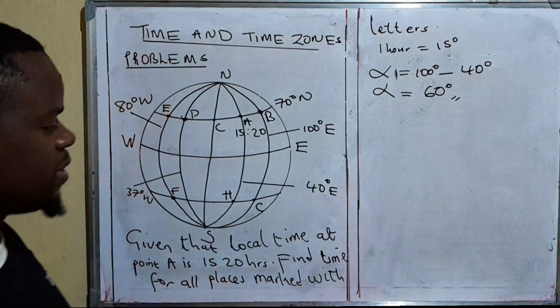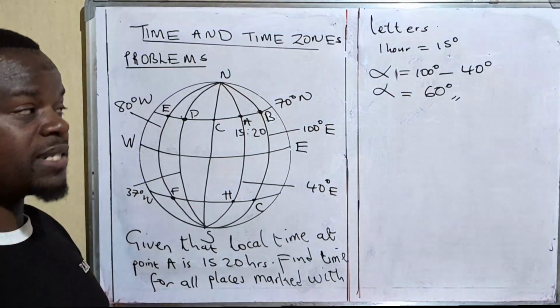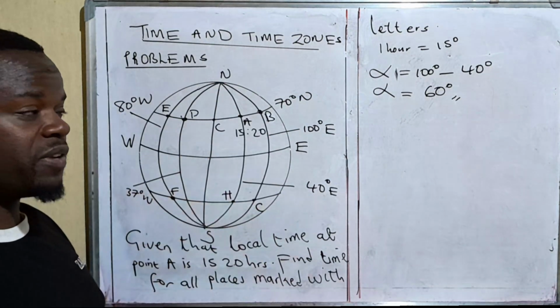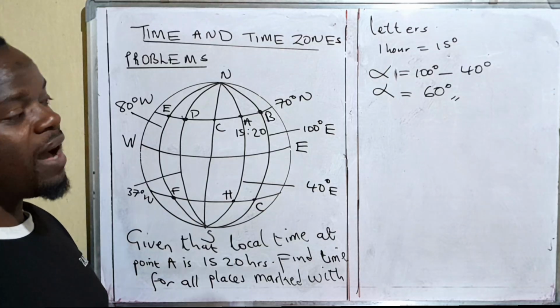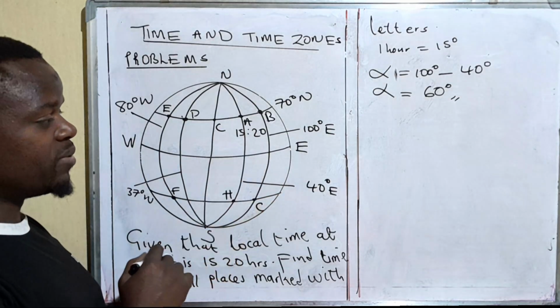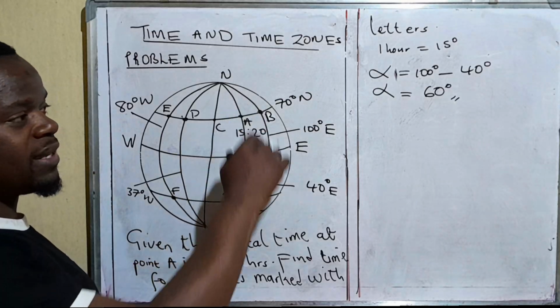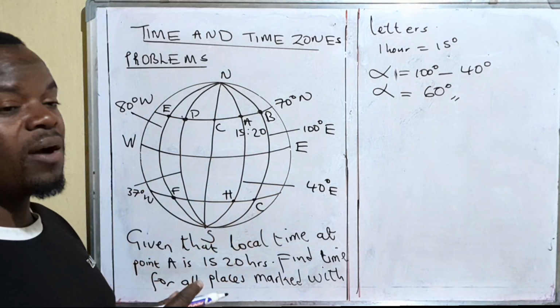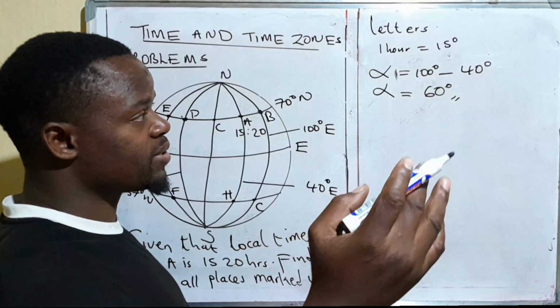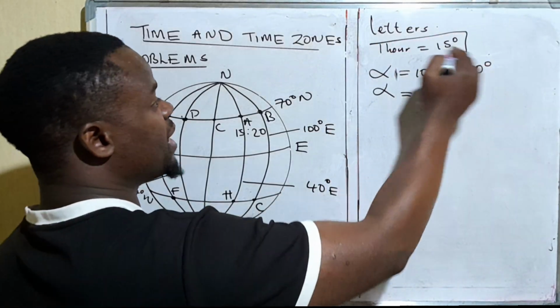You might have a question: why are we subtracting? We are subtracting because those two longitudes are in the same hemisphere. Now, having determined the difference in degrees, we can convert this difference into hours using the conversion factor.